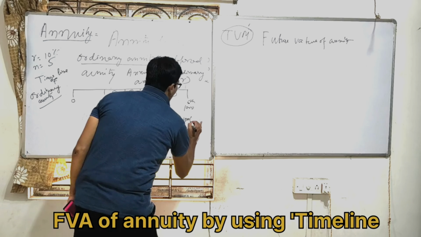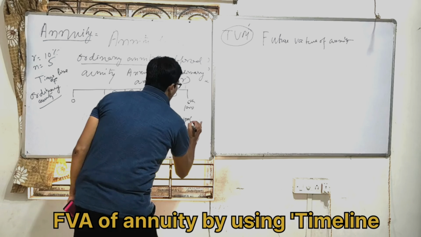So the summation of these amounts will be the future value of 5 numbers of annuity. I can easily calculate: 1464 plus 1331 plus 1210 plus 1100 plus 1000 rupees.